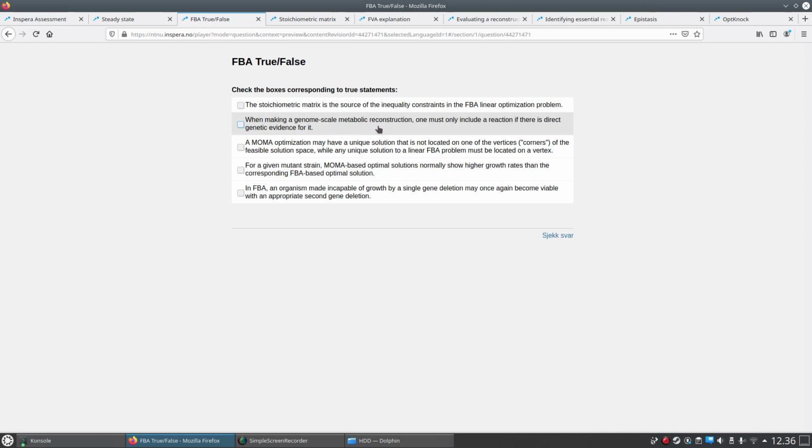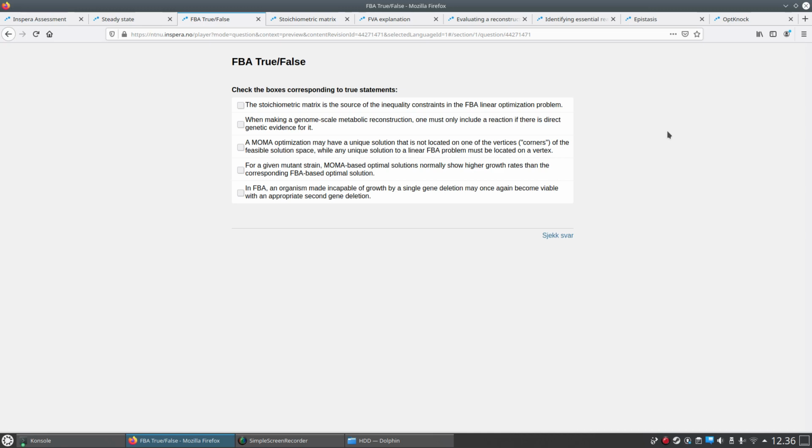The next statement: when making a genome-scale metabolic reconstruction, one must only include a reaction if there is direct genetic evidence for it. This is also not true. While certainly direct genetic evidence is a very strong reason to include a gene, and the inverse of this statement is true, that is, if you have genetic evidence for a reaction, that reaction should be included, you will often have cases where you're building a model and you want to gap fill.